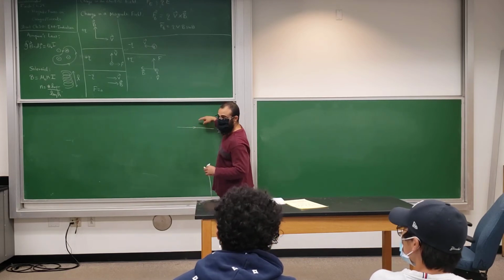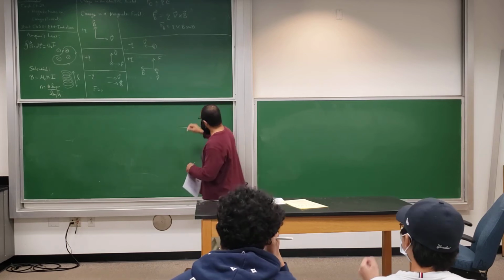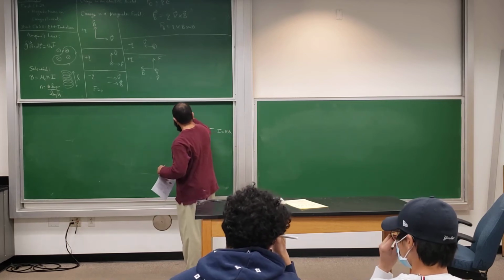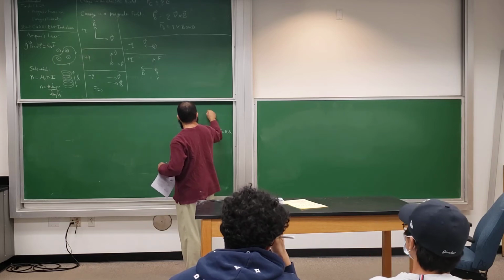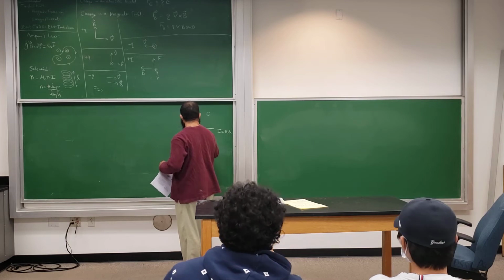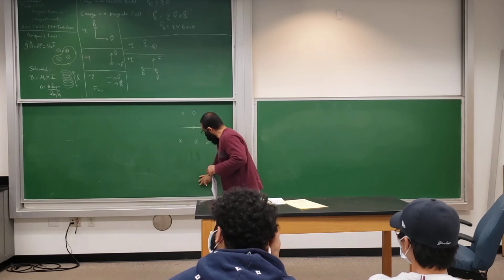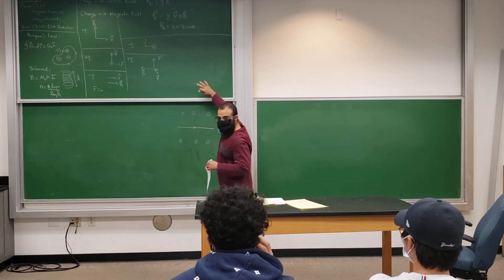It goes around. So in here it's coming out, and then it loops around and goes in. So above the wire, the magnetic field is out. Below the wire, the magnetic field is in. And obviously I only drew 3, but everywhere below it's in, everywhere above it's out.